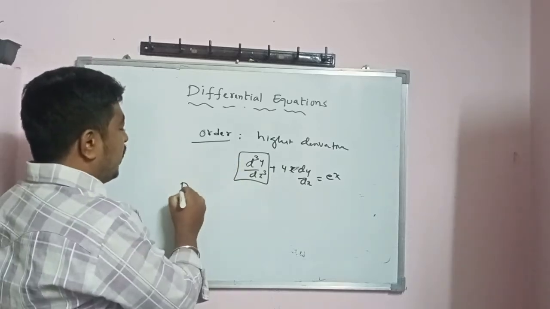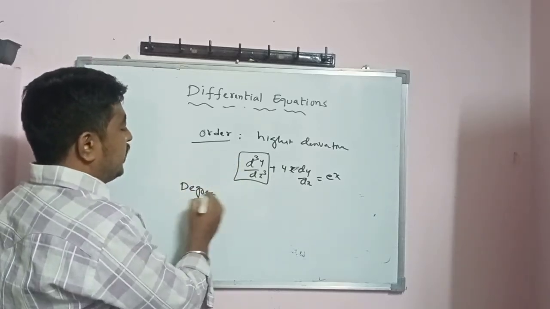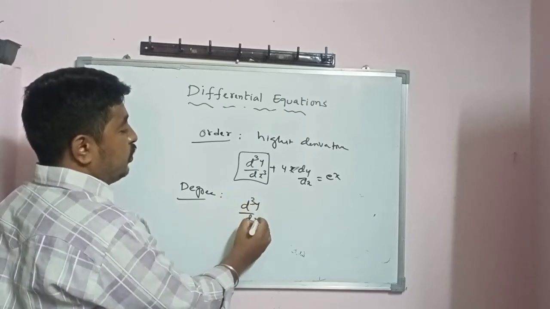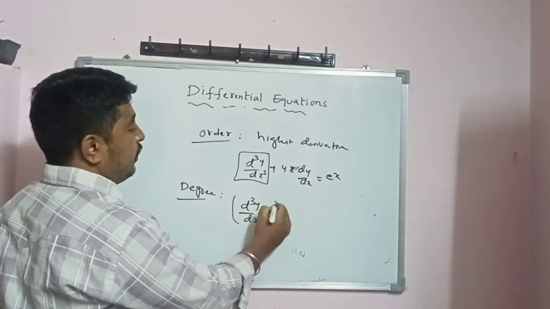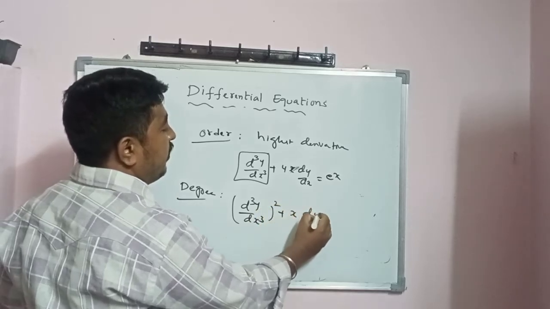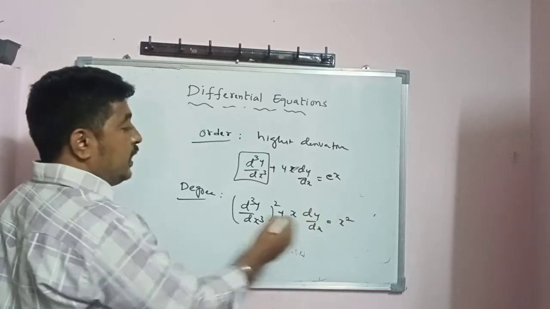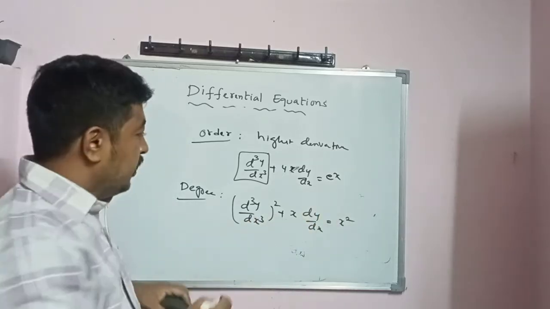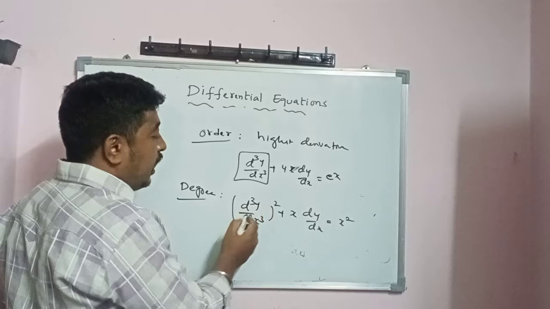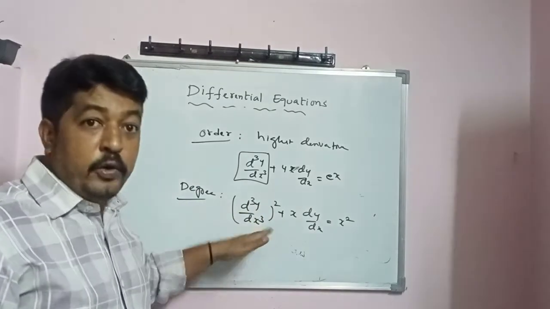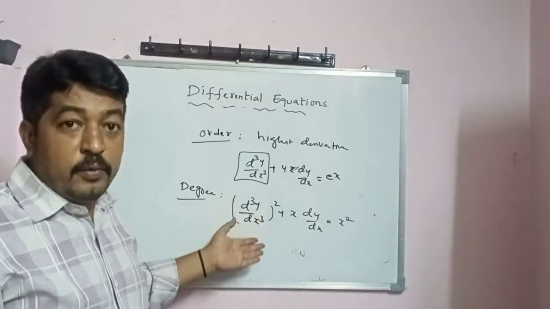Next, what is the degree? What does degree mean? Suppose we take (d cube y by dx cube) whole square plus x into dy by dx is equal to x square. For example, in this we take the highest derivative and its exponent.